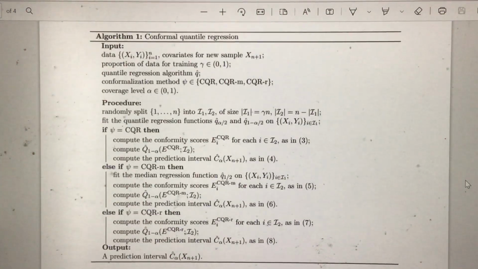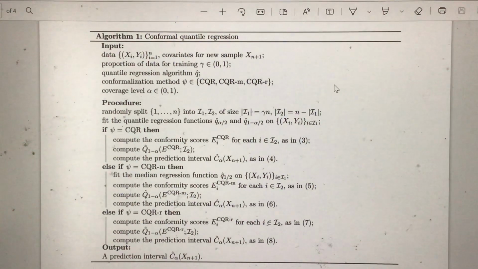Okay, so this is the algorithm I just copied from the paper. The input will be the data and the new sample x n plus 1, the proportion of data for training, gamma, the quantile regression algorithm, the three different methods CQR, CQRM, and CQRR, and the coverage level alpha.